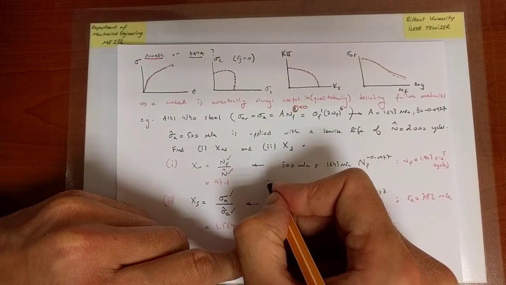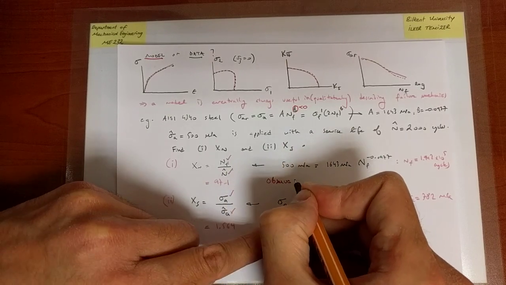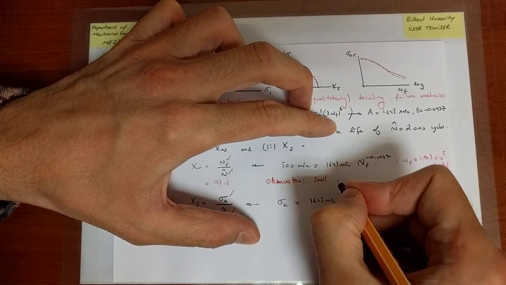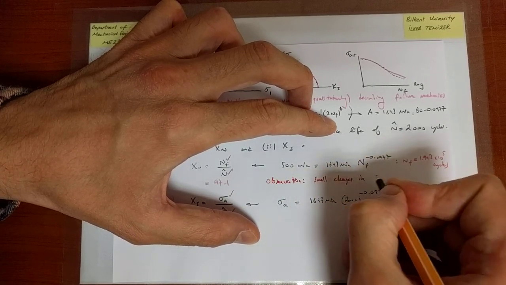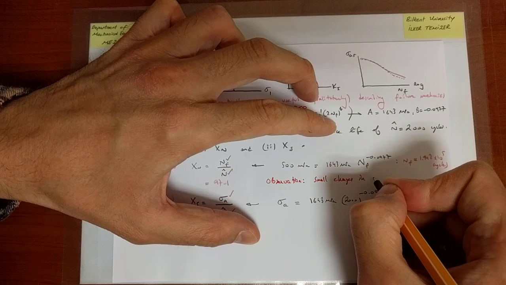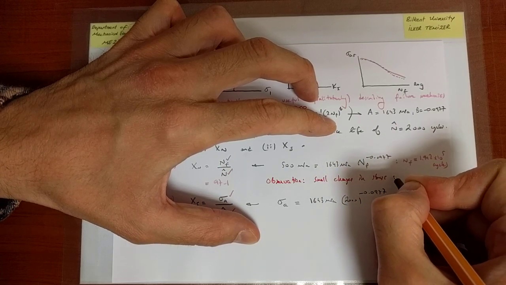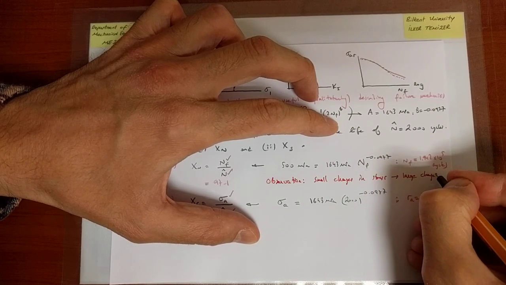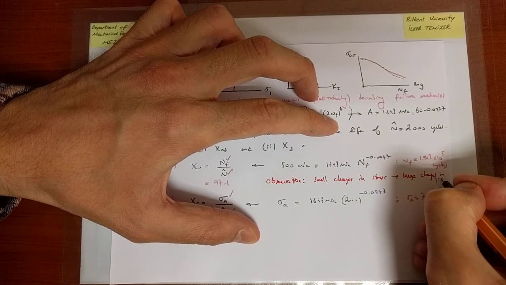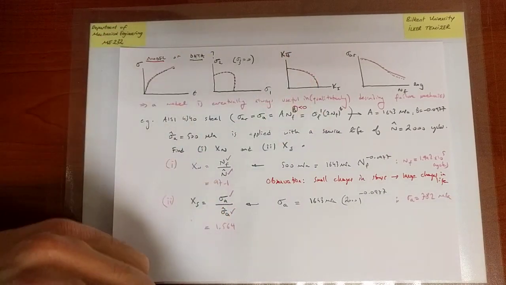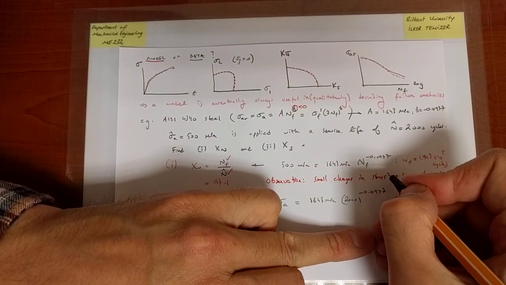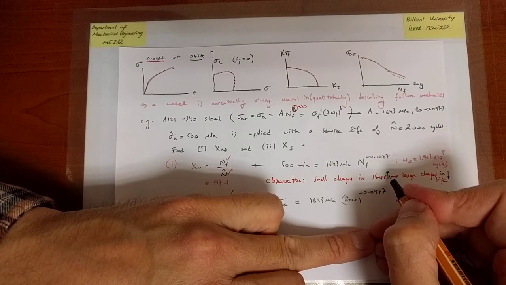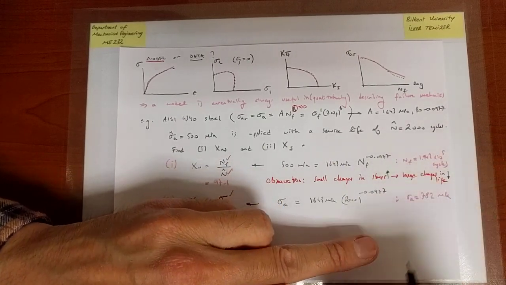So our observation is small changes in stress lead to large changes in life. In particular, if the stress increases a little bit, the life is going to decrease a lot, or if the stress decreases a little bit, the life is going to increase a lot.